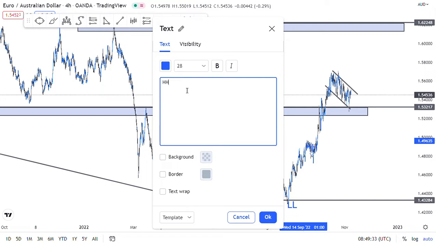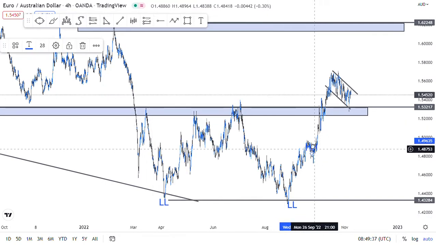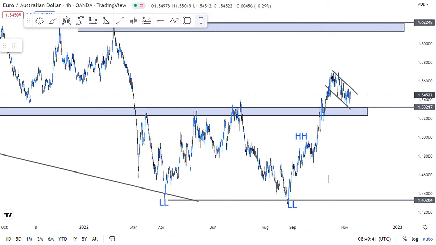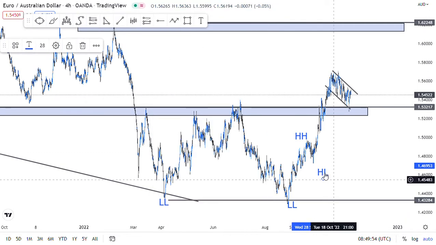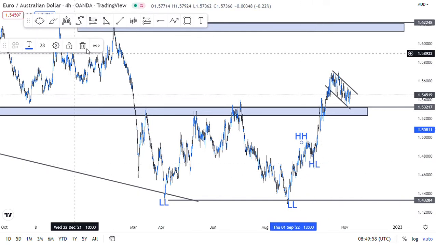A new higher high. The market formed a new higher high, and then at this point right here, it formed a higher low. Sorry, yeah, a higher low. And then let's just clone this one.